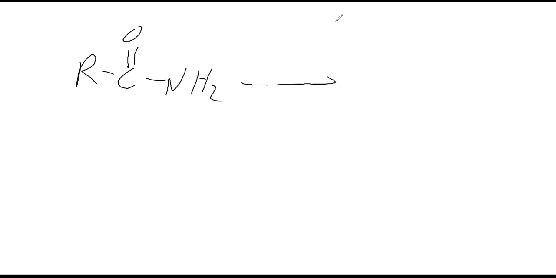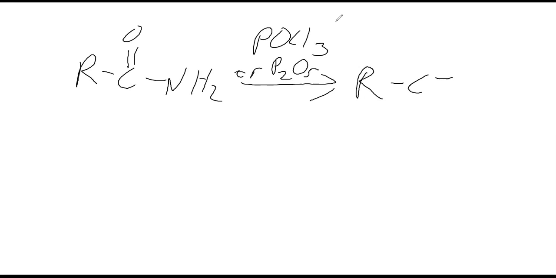So how do we synthesize nitriles? Well, the first one we just covered, using an amide and a strong dehydrating agent, like POCl3 or P2O5. We'll force this to form a nitrile.